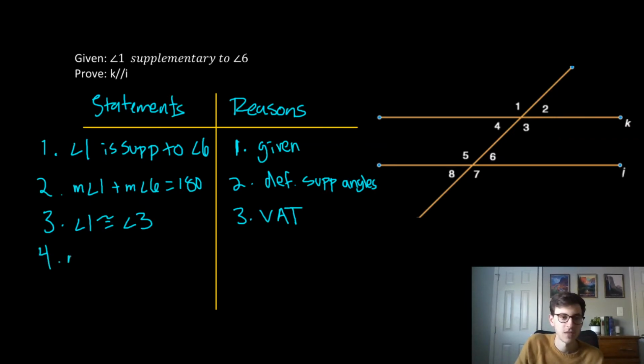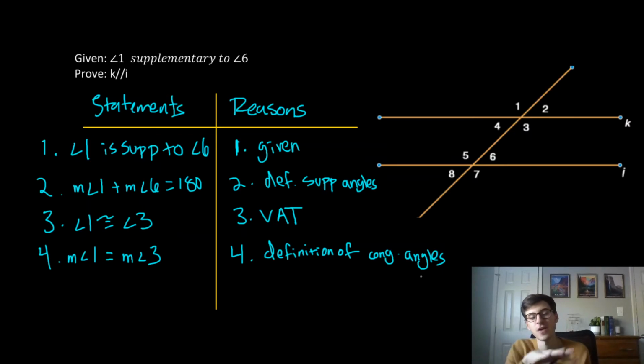So how can I say that the measure of angle 1 is equal to the measure of angle 3? What reason could I use for that? That's the definition of congruent angles. Definition of congruent angles says if I have two angles that are congruent, then their measures are the same. Or if the measures are the same, then the angles are congruent.